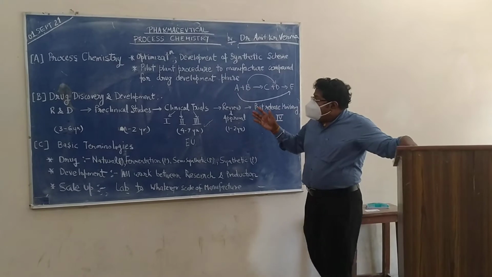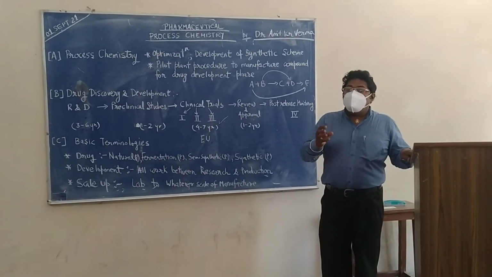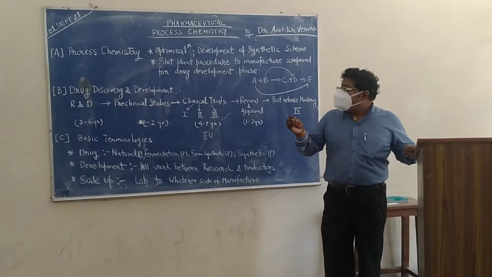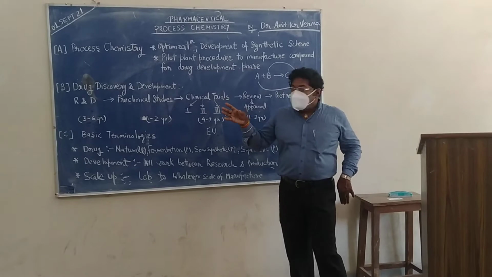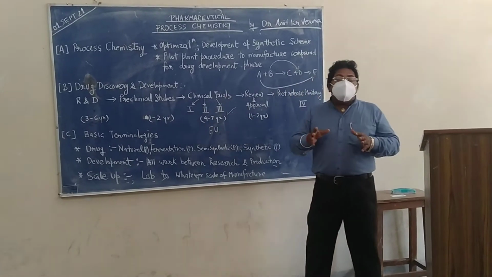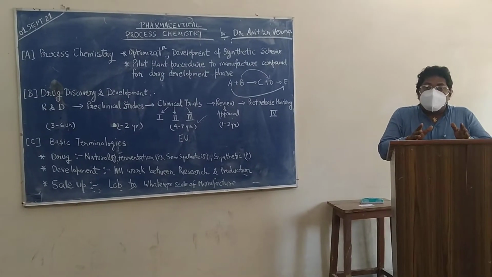In the phase 1 trial, we are assessing the safety and efficacy of a drug or molecule which has shown good results in the preclinical studies. In the second, we are following controlled trials with a placebo.